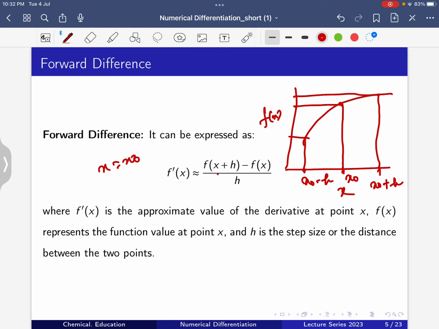Here h is the step size, or the distance between 2 points. f(x0 plus h) is this value, and f(x0) is at this point. So take the difference and divide it by h.